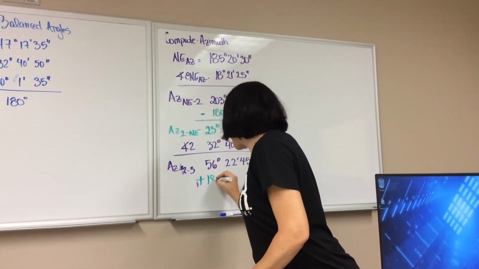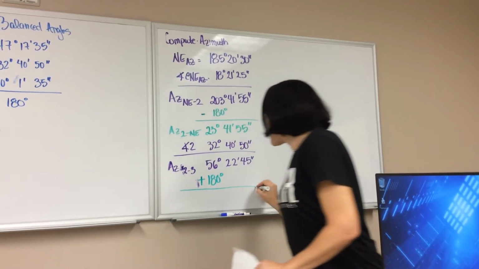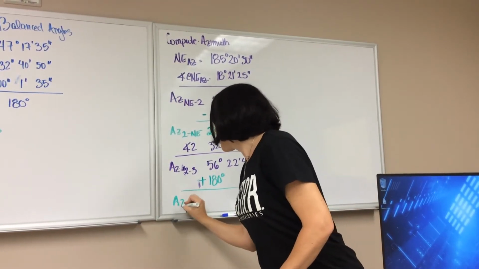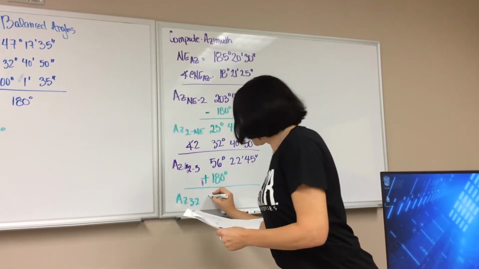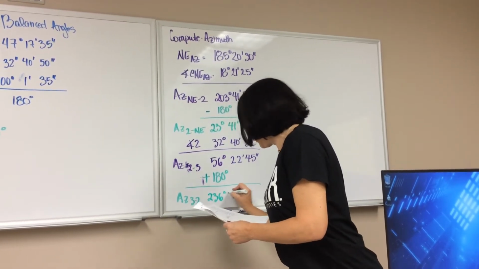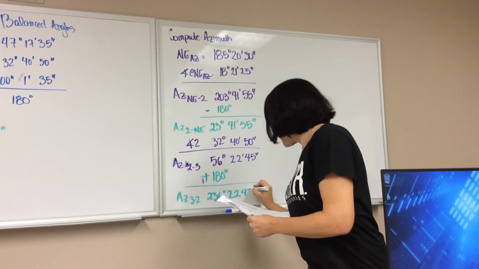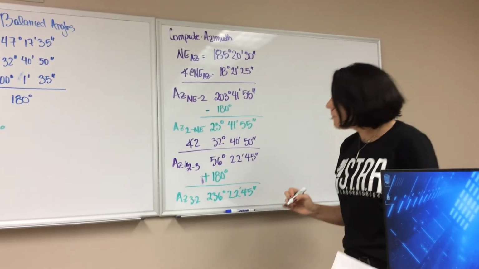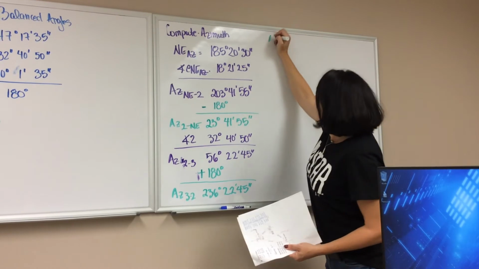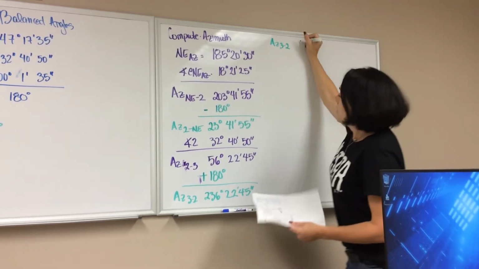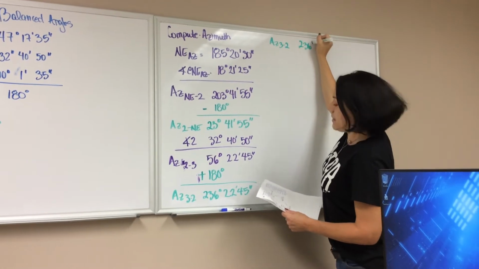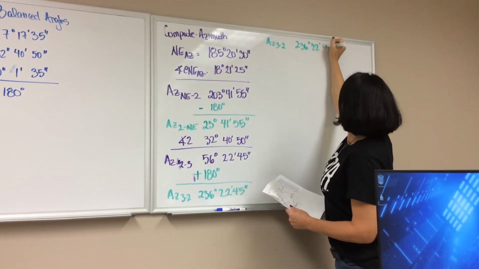I'm going to add 180 degrees, and that's going to give me the azimuth from 3 to 2. And that's going to be 236, 22, 45.